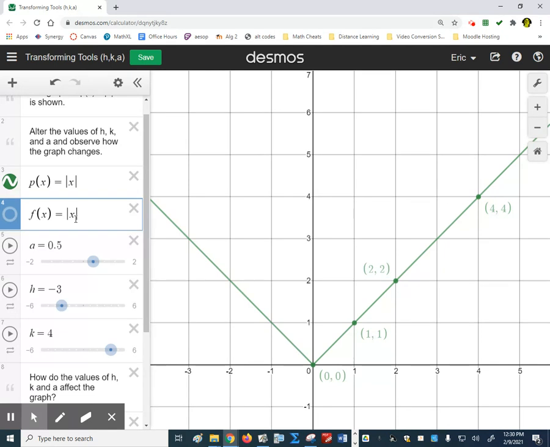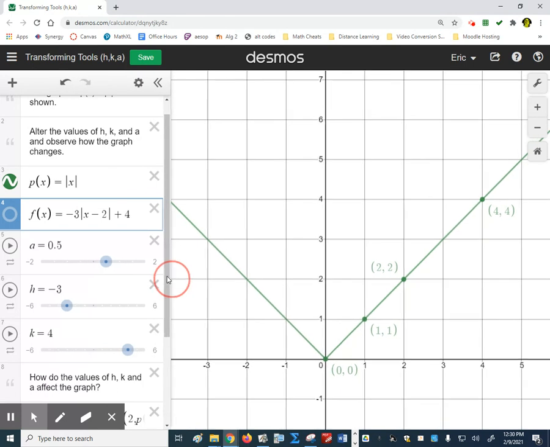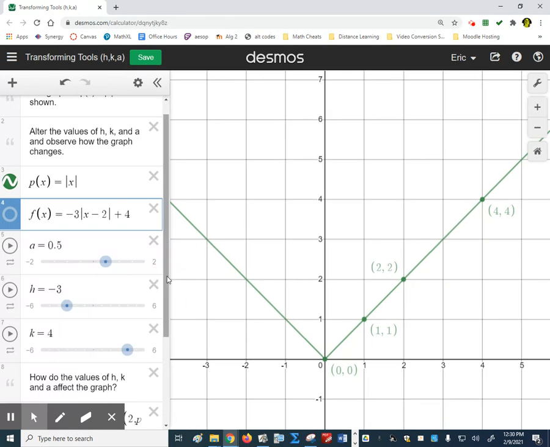Tell me what's going on here. Okay, tell me, what did we do there? How is f of x going to transform my parent graph? Everybody type it in chat here.